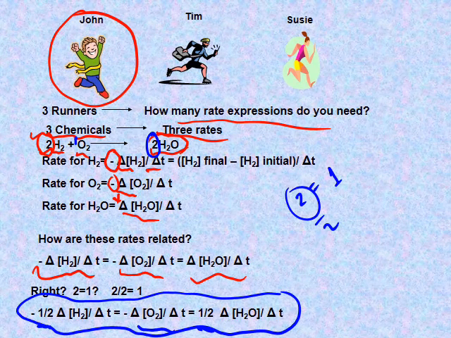So what I would do is first write down the rate and then divide by the coefficient, which is 2 in the case of hydrogen. Then get the rate for oxygen, divide by 1. Write down the expression for H2O and divide by 2. And that's this expression. It's very important, and there are lots of problems that I have assigned that use this expression.